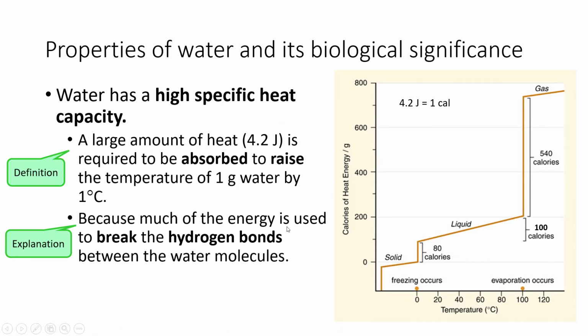That's why water has a high specific heat capacity. From here you can see that for liquid water, to increase from 0 degrees to 100 degrees Celsius, it takes more time and absorbs more heat energy.